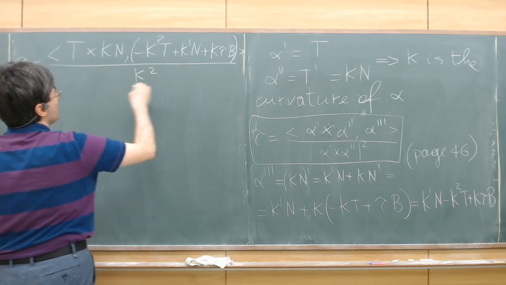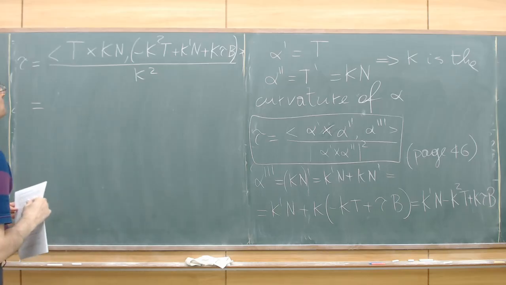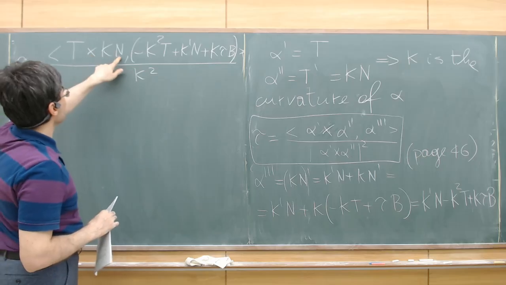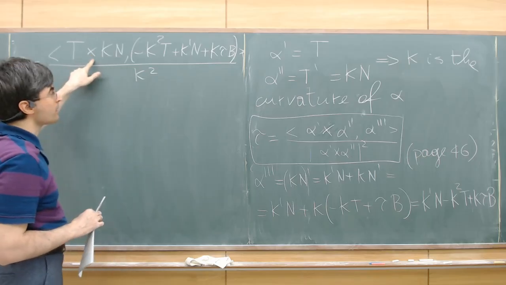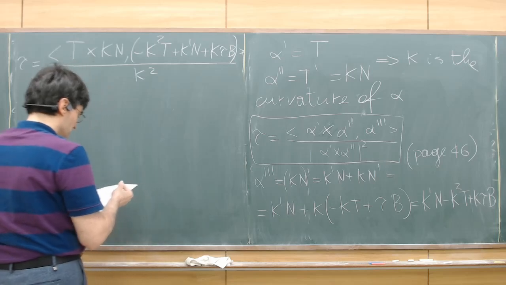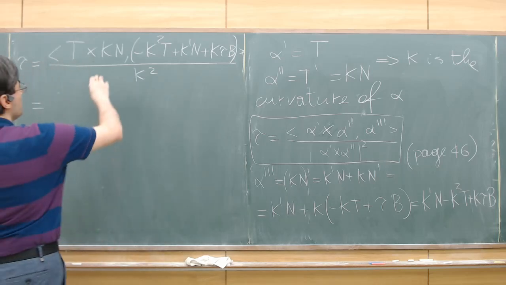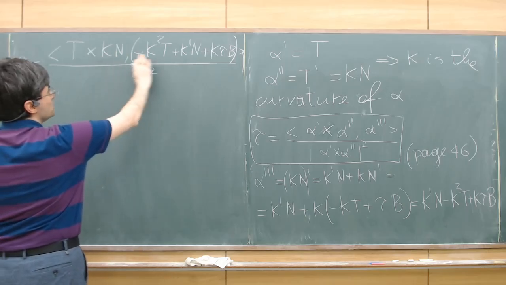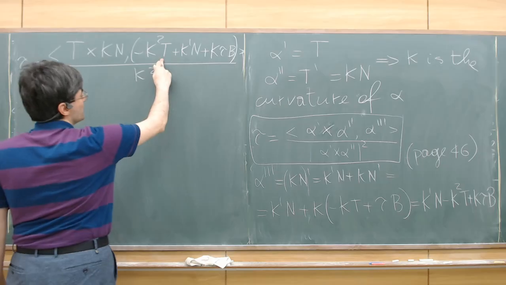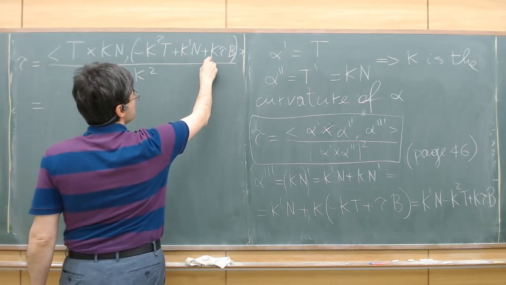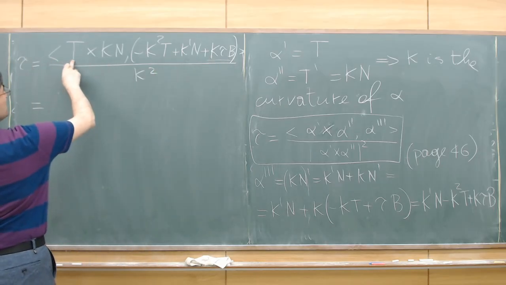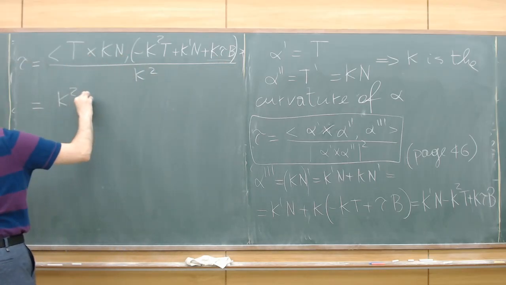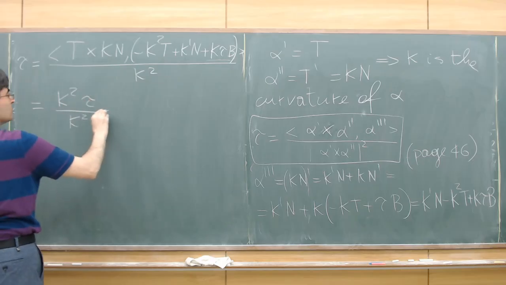Okay, if you multiply, you will get that T cross kN is a vector parallel to B, precisely is kB. Then when you multiply this vector with this, the unique non-zero component is the one you get from the product of T cross kN and k tau B. Precisely you get k square tau over k square equal tau.